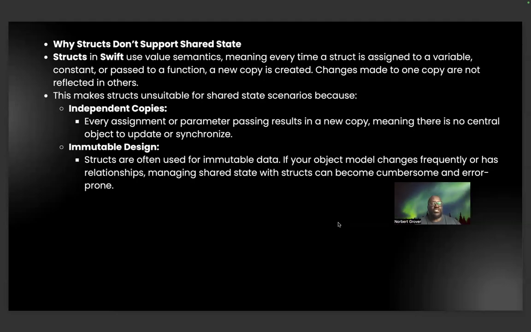This makes structs unsuitable for shared state scenarios because of, number one, independent copies. Every assignment or parameter passing results in a new copy, meaning there's no central object to update or synchronize. Number two, immutable design. Structs are often used for immutable data. If your object model changes frequently or has relationships, managing shared state with structs can become cumbersome and error prone.